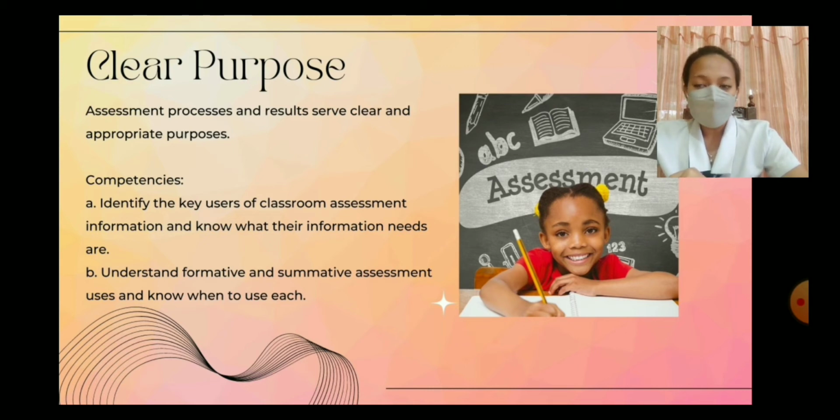So, for your information, formative assessment is to monitor the students' learning and provide ongoing feedback to staff, teachers, and students. Formative assessment is also known as assessment for learning, and examples of formative assessment are quizzes, assignments, reflections, and group work.